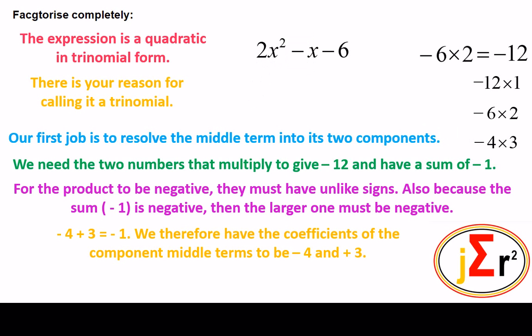Now what we will do is rewrite this expression. The two end terms will be the same and the middle term will be resolved in its two components. 2x will return. The -4 is one coefficient of the middle term and the other one is +3, and the -6 will return. -4 will be one of the coefficients and +3 another.